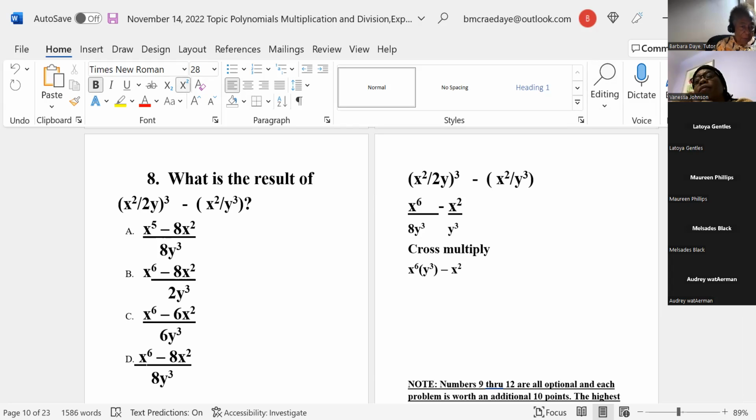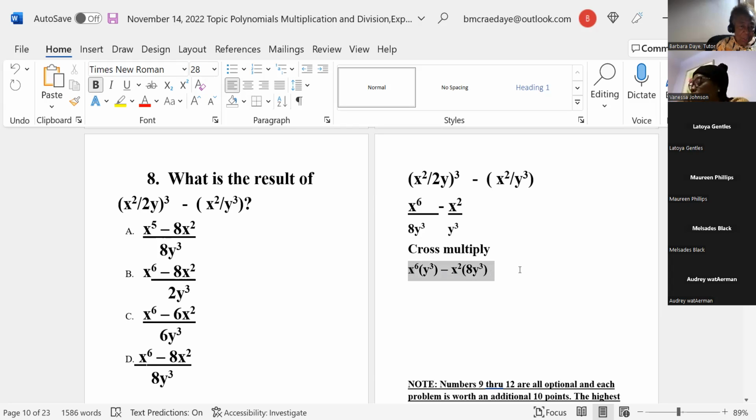And that would be times 8y to the third. Everybody with me? Yes. So we multiply numerator times denominator minus numerator times denominator.